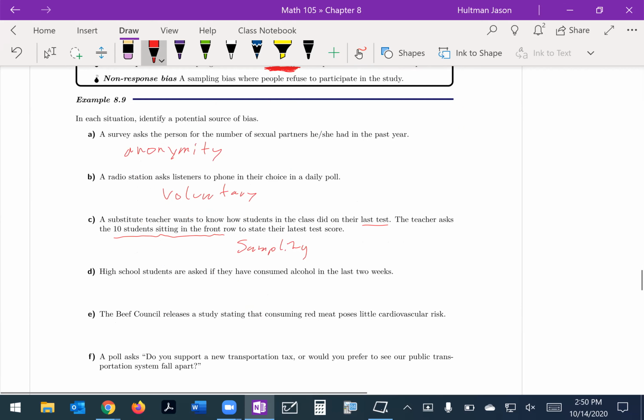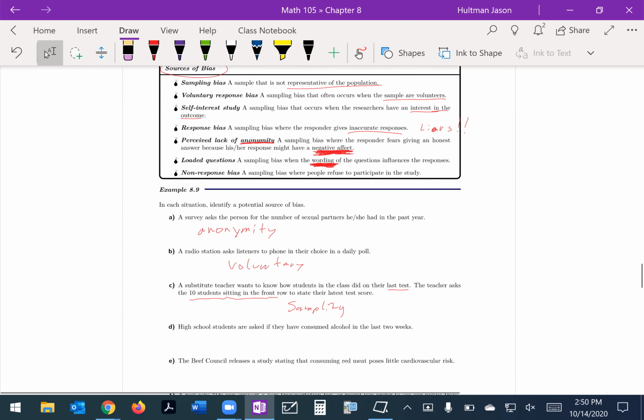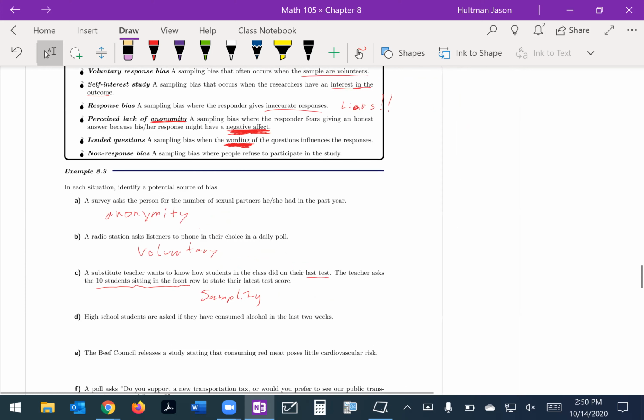Okay, high school students are asked if they have consumed alcohol in the last 2 weeks. What could this be? Any ideas on what this could be? This could actually be 3 of them up there.